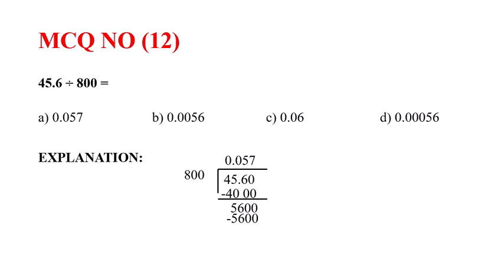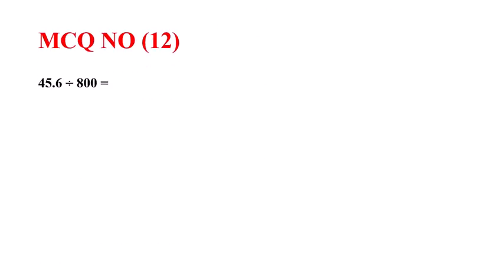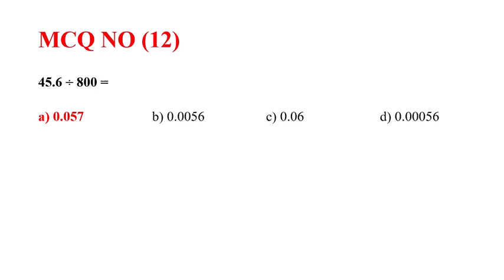After this we multiply with 6, we get 5600. We subtract these values, we get 0000. So the final answer of MCQs number 12 is option A is correct, 0.057.